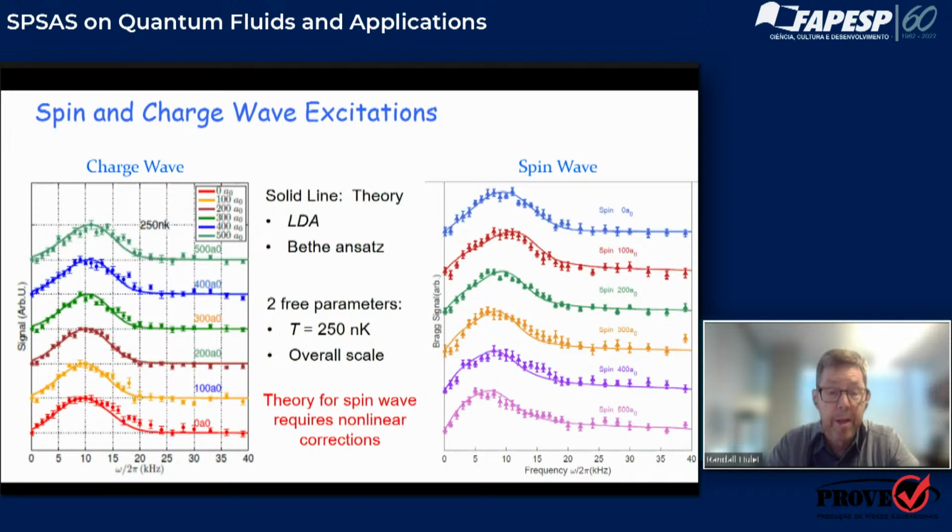And it turns out that the theory for the spin wave also requires nonlinear corrections. So what we talked about was a linear dispersing sound wave, but there are also nonlinear corrections, mainly due to something called backscattering, which is a little bit complicated, but it's a two spinon process.